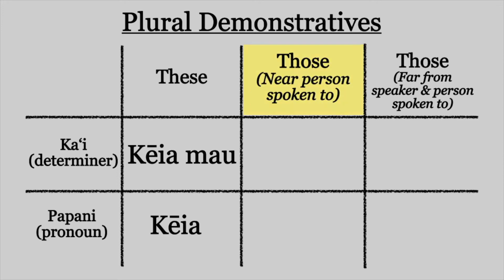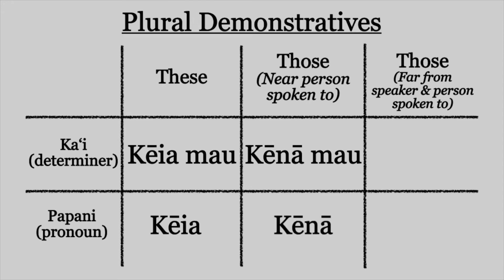For those, when the objects are near the person being spoken to, as a ka'i, we use ke na mau, such as ke na mau pua, those flowers. But as a papani, we just use ke na, such as he mau pua ke na. Those are flowers.